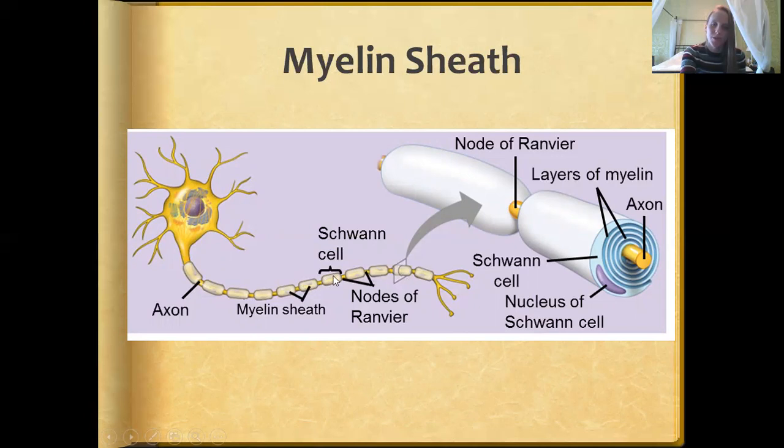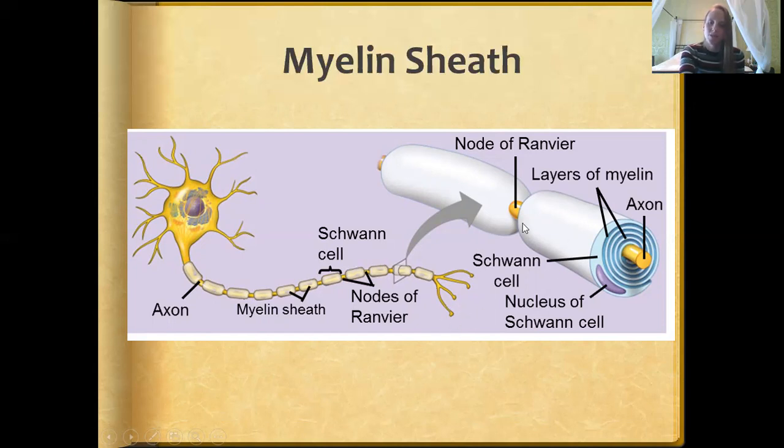Each individual section of the myelin sheath is a Schwann cell, and the spaces between those Schwann cells are the nodes of Ranvier. So the impulse would start up in the soma, and it would travel down the axon, jumping from one node of Ranvier to the next, all the way down until it gets to the axon terminal.